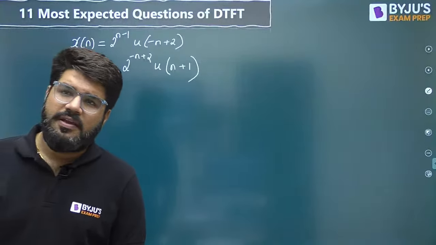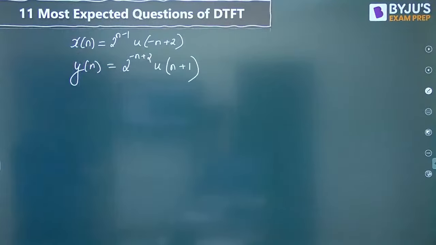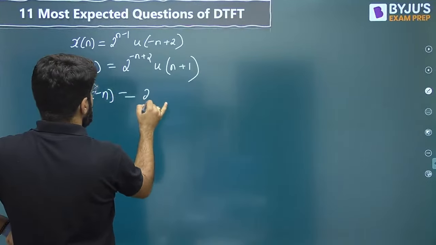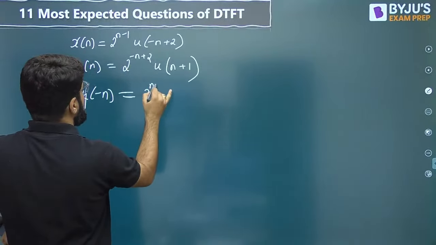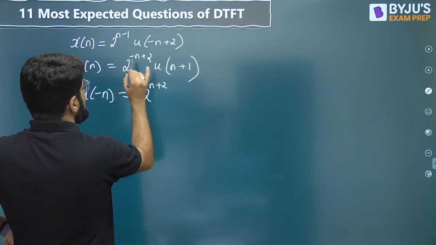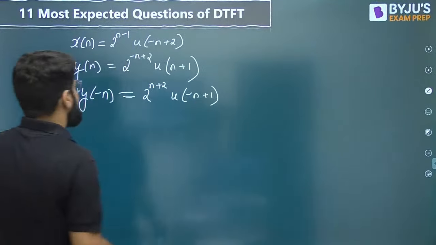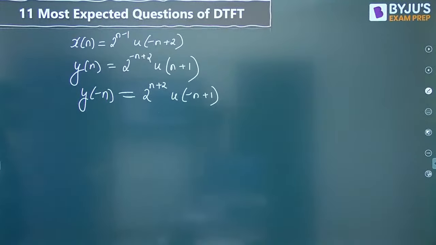That is what is y[n] given to you. We need actually y[−n]. So replacing n by −n, this will be 2^(n+2) u[−n+1].